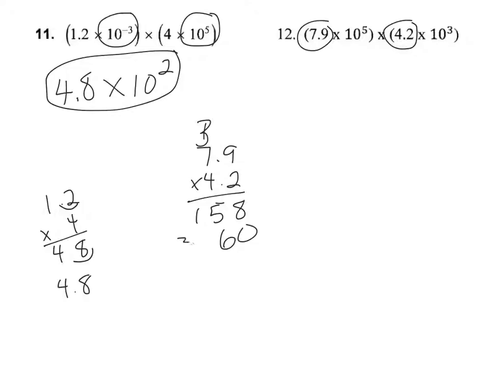Plus 3 is 31. Add these together. I get 33. And now remember, I had to move one decimal there, one decimal there. That means I'm going to move it over 2 from the left. I get 33.18.